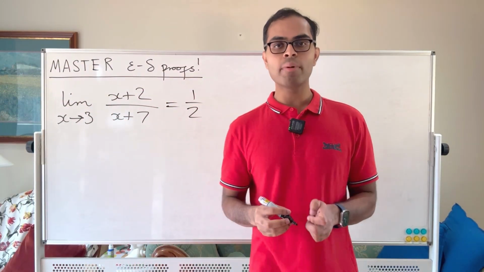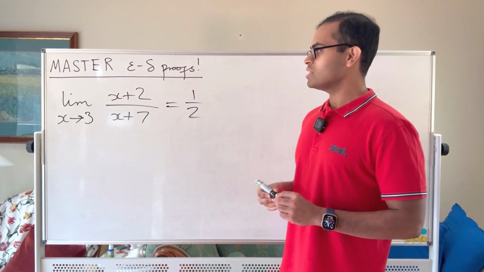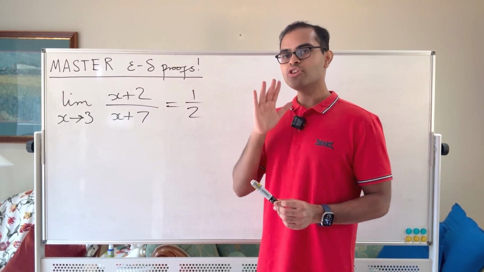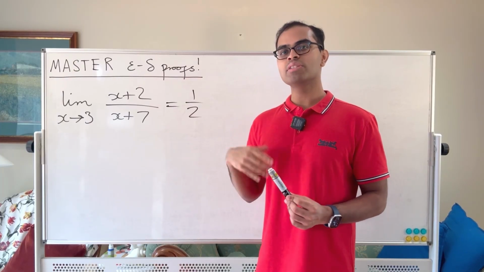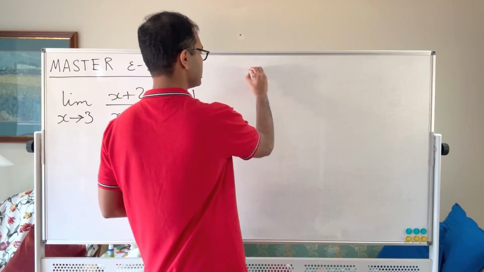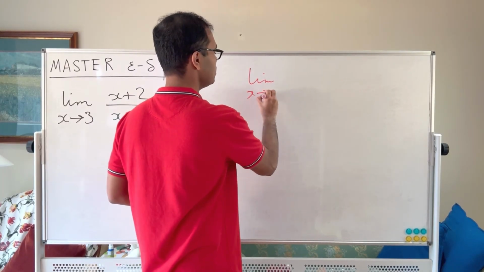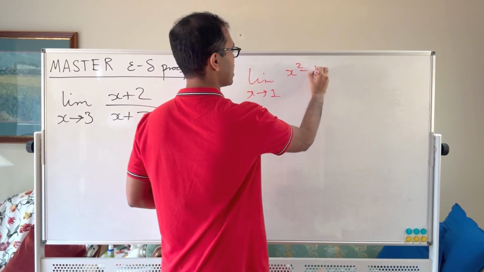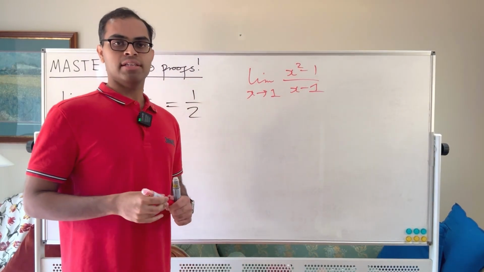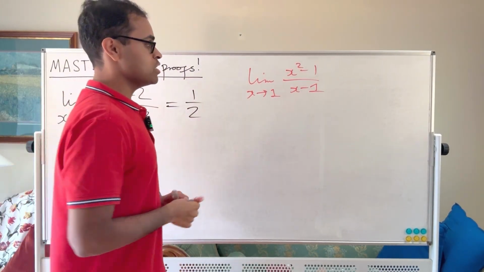Now I just want to make a comment: suppose you were trying to do an epsilon delta proof where it was an indeterminate form, like 0 over 0. Usually with those examples, what you do is you simplify the function. As an example, if you had something like the limit as x goes to 1 of x squared minus 1 over x minus 1, then you couldn't actually plug in x equals 1. You'd get 0 over 0.